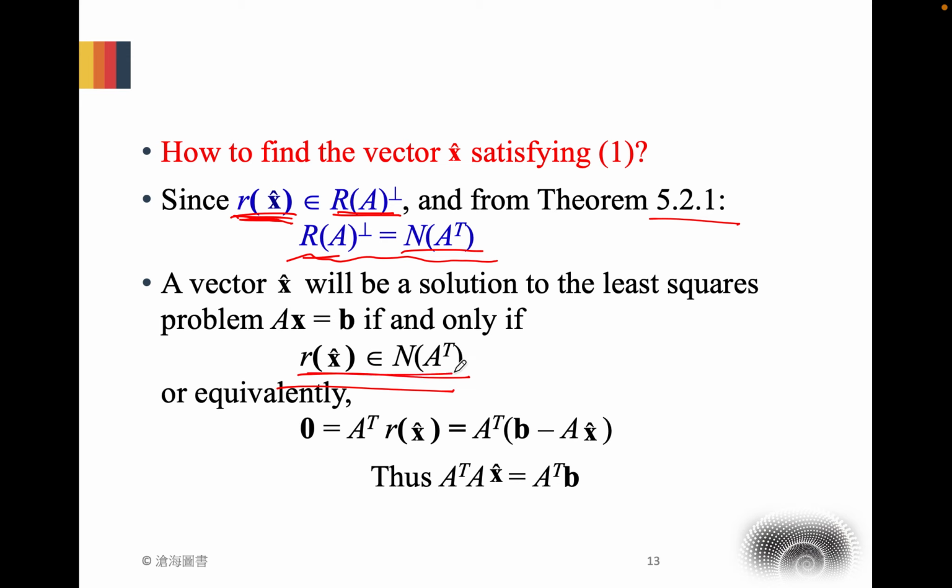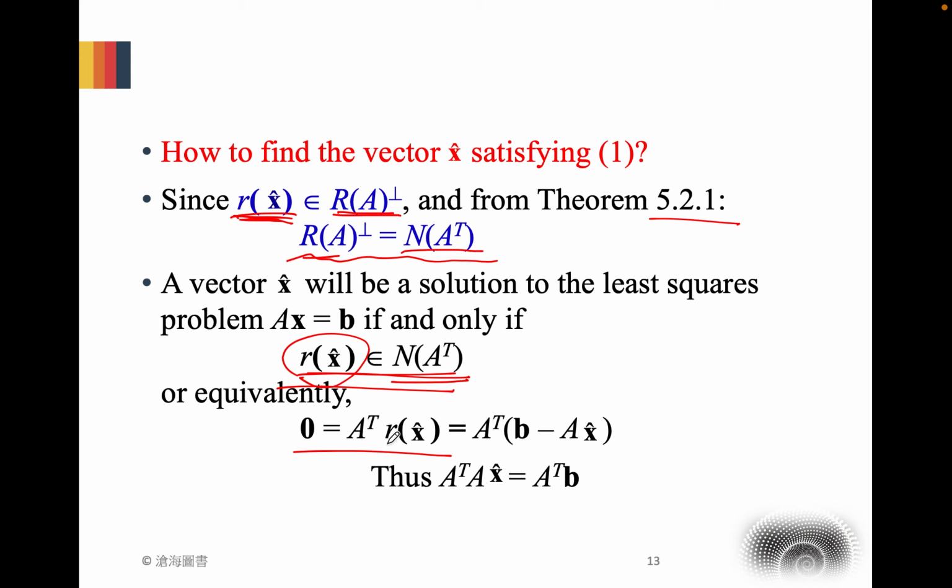That means A transpose times the residual should be equal to 0, because the residual is in the null space of A transpose.